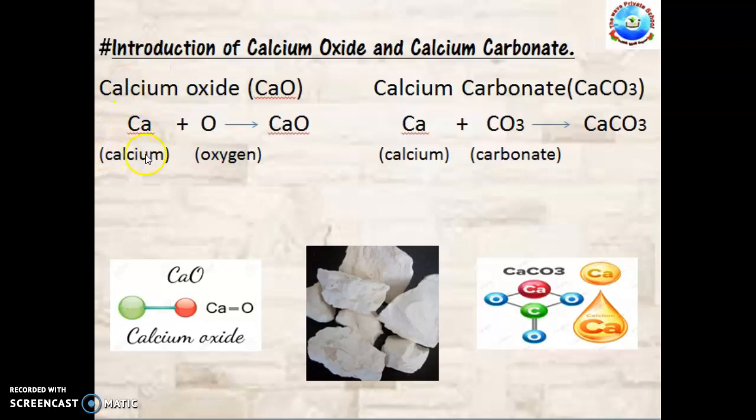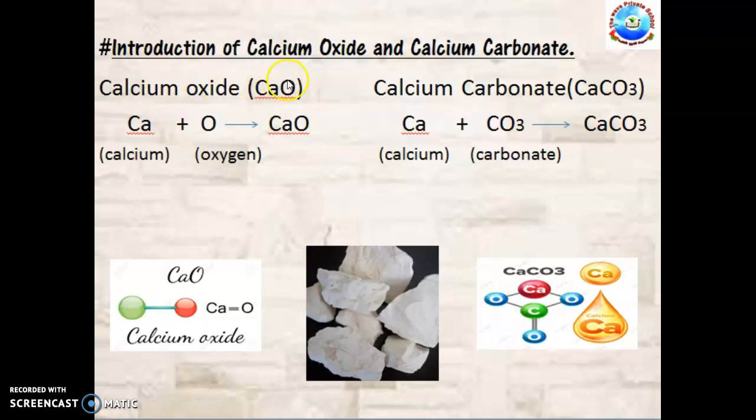When calcium reacts with oxygen, it forms calcium oxide. You can see the molecular formula of calcium is Ca. When it reacts with oxygen O, it gives CaO, that is calcium oxide.